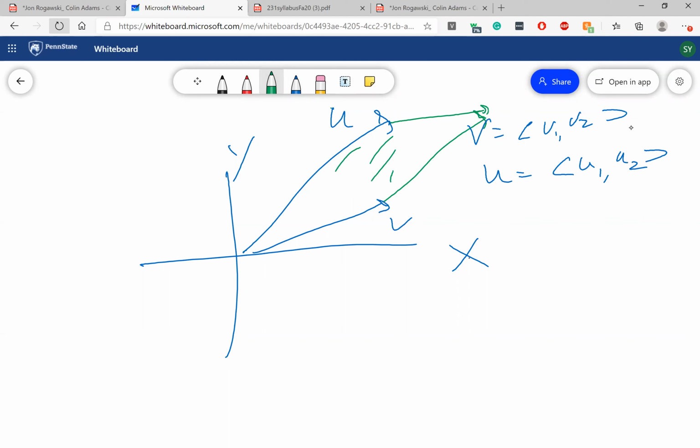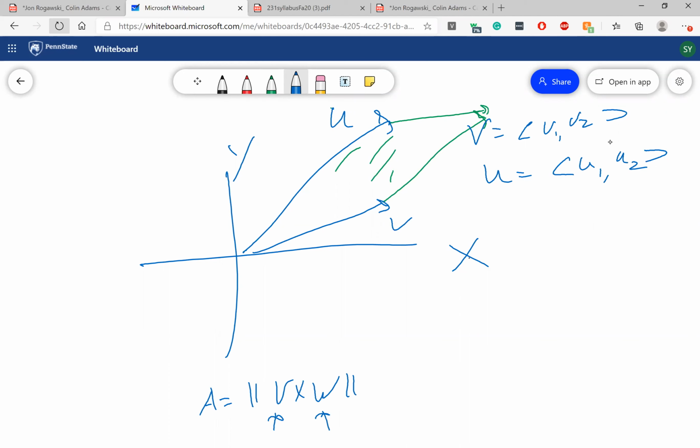Because I only have two components, if I wanted to find the cross product, and that's what we need in order to find the area, well, for two vectors in R3, we said that the area of the parallelogram was the magnitude of V cross W. But this required that V and W have three components.